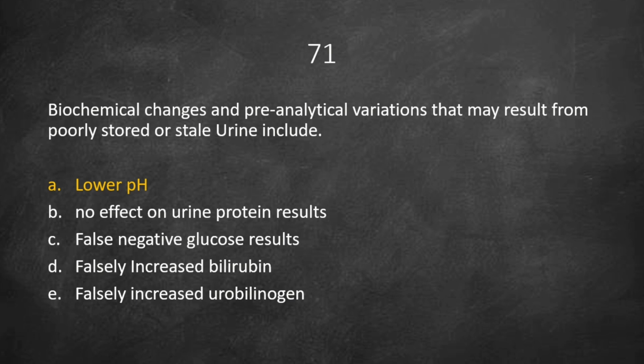However, urobilinogen can also decrease if the sample is not stored correctly. So the results can be variable. So if you look at these ones, they are conditional. So if you look at our options, option A becomes our strongest answer. So most appropriate to be A.